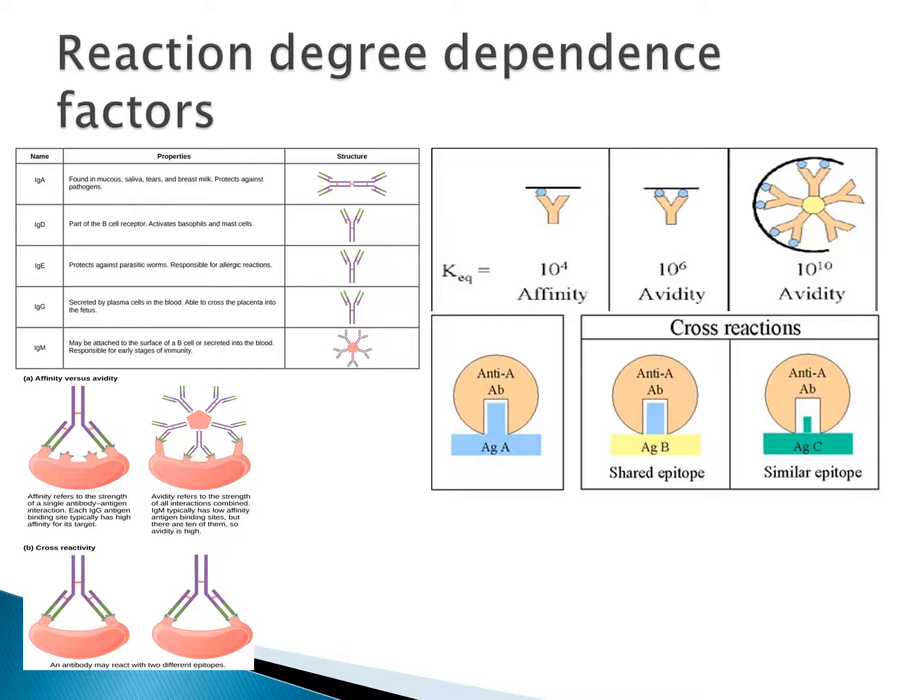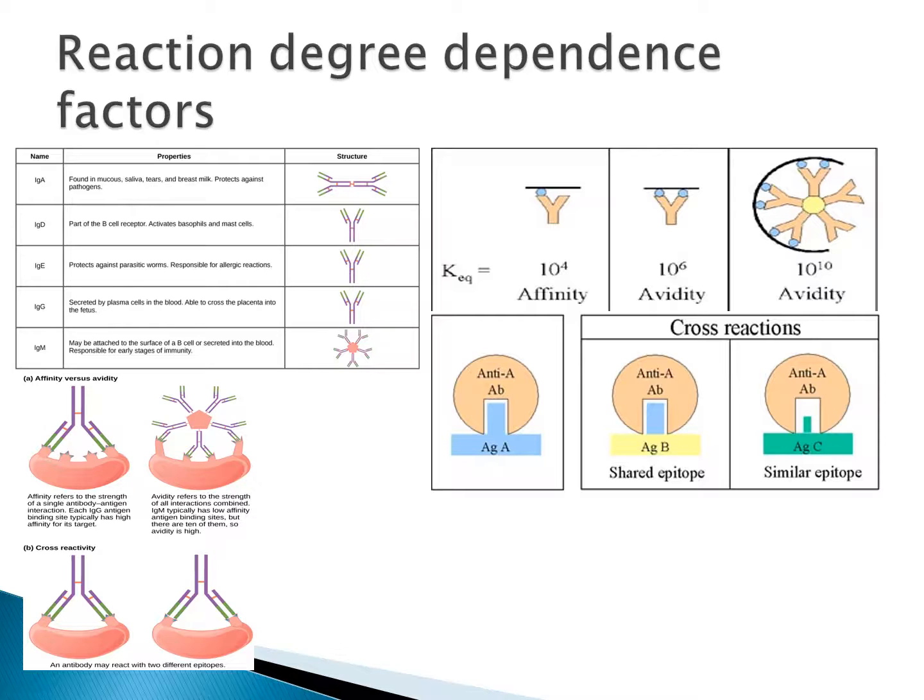Here you can see these are kind of weaker connections, but because there are so many, you get an even stronger response of the immune system, which is a very interesting way that the body enhances reactions.